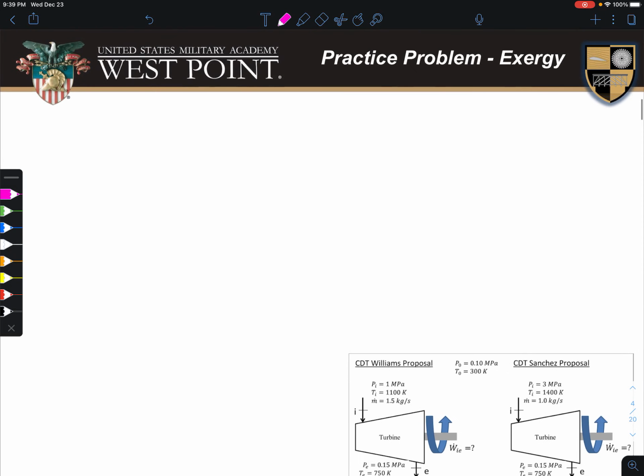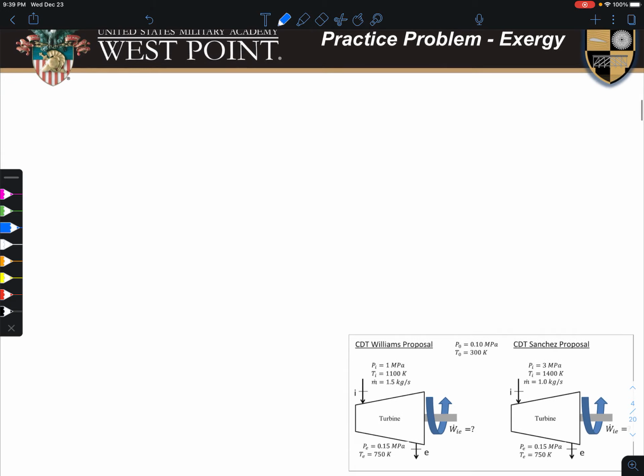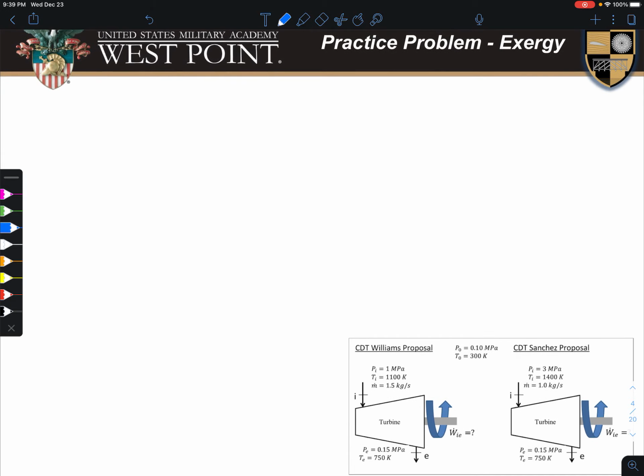Okay, there are a few things we need to first identify in terms of our MC311 and MC312 problem solving format. Known: we are working on a team designing a new gas turbine.